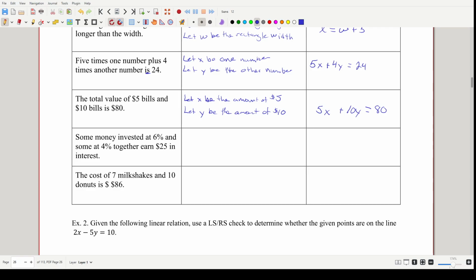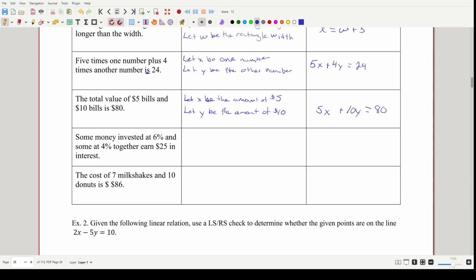This one is a little bit trickier because we have to go back to our knowledge from elementary school a little bit. It says some money invested at 6% and some money at 4% together earn $25 in interest. This problem is pretty much the exact same as the previous problem. The unknowns here are the amount of money for each percentage, just like the previous problem was the amount of bills for the dollar value.